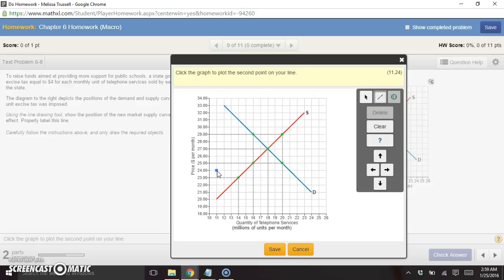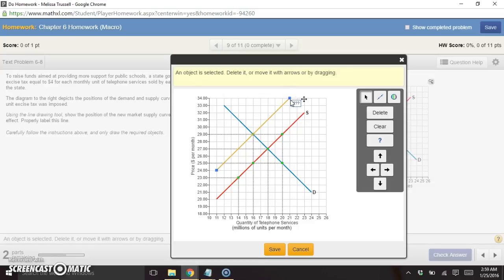And I'll do the same thing on the other end of the supply curve. I'm going to run out of space on the line, so let's go down to a quantity of 21, where before we had a price of 30, so now we'll have a price of 34. So I can put my other dot up at the quantity 21 and price 34.